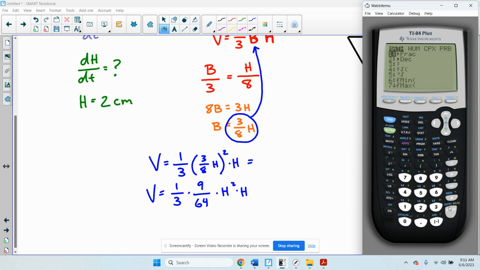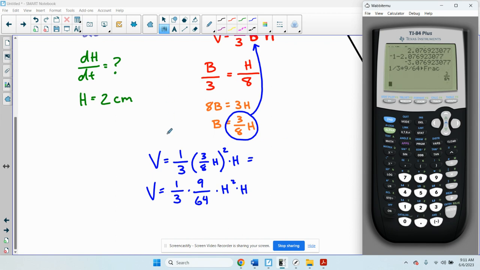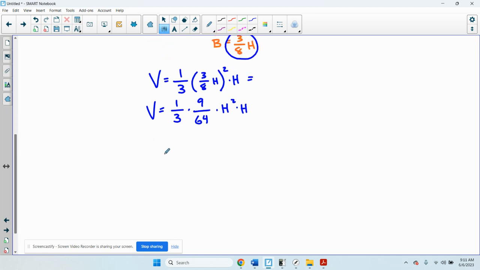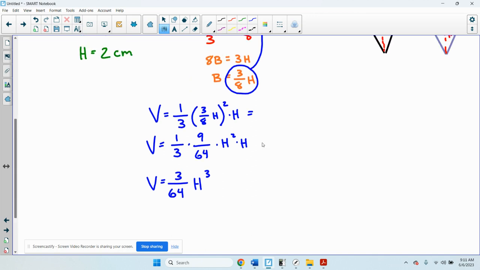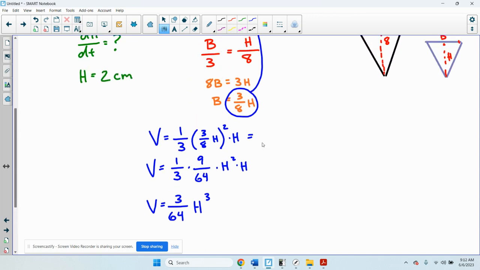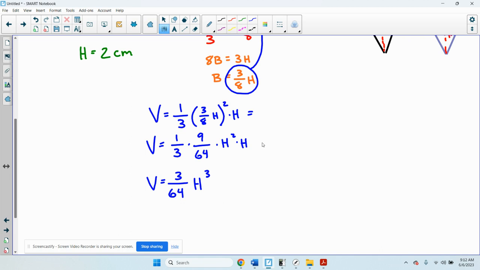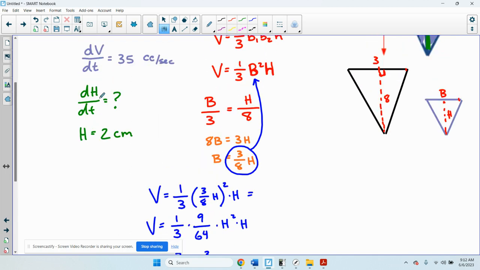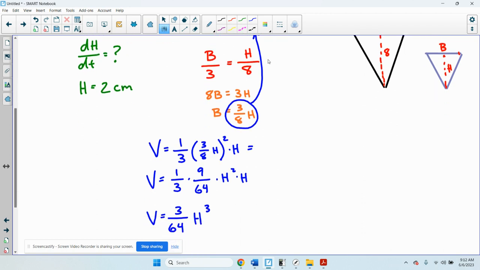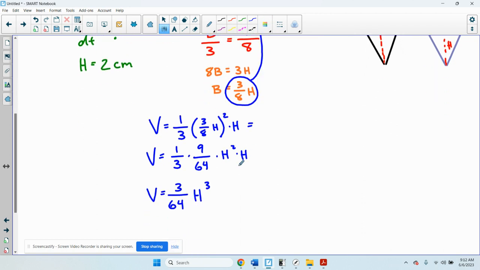If I simplify that fraction, I get 3 over 64. So V equals 3 over 64 H to the third. Okay, there's my formula. It only has V's and H's now, which is good because that's what I'll have when I take the derivative. So let's take the derivative.